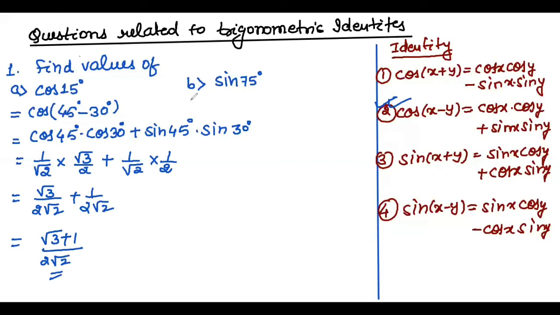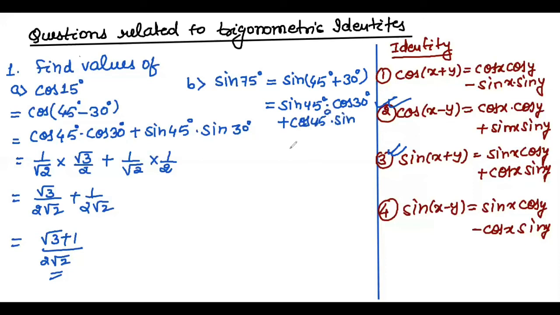Now the second question, that is sine 75. We have to find the value of sine 75 degree. We can write sine 75 as sine of 45 degree plus 30 degree. Here we are applying the identity sine of x plus y, so sine x into cos y plus cos x into sine y. So sine 45 into cos 30 plus cos 45 into sine 30.